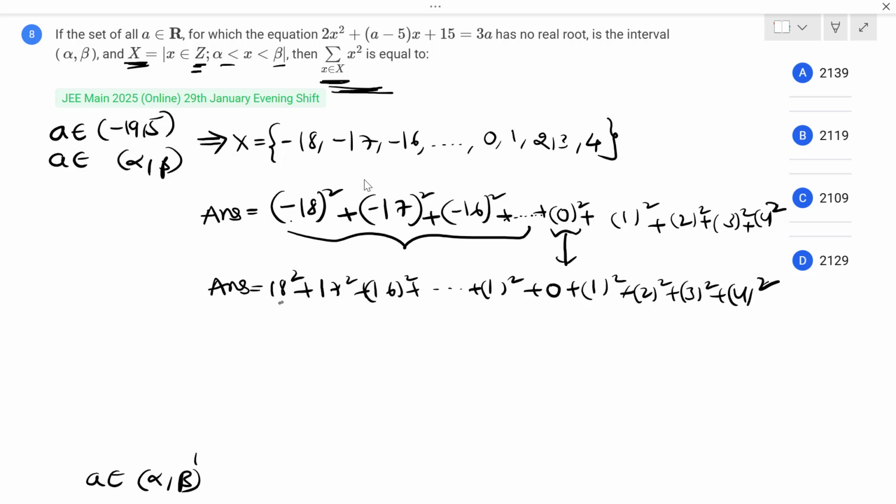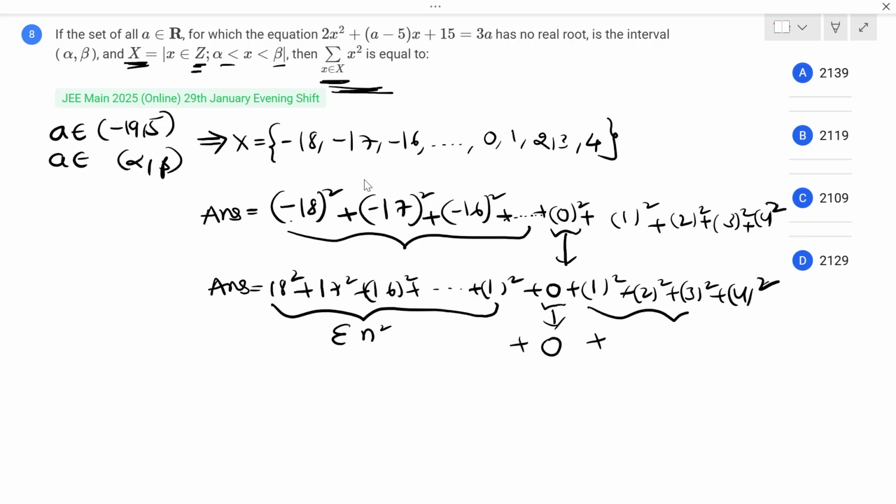Have a look from 18 square to 1 square. This is the sum of the squares of the first 18 natural numbers. So it is sigma of n square, but n is 18, which means the sum of the squares of the first 18 natural numbers. So this is anyway 0 plus this is again the sum of the squares of the first 4 natural numbers. This is also sigma n square, n is equal to 4, the sum of the squares of the first 4 natural numbers.